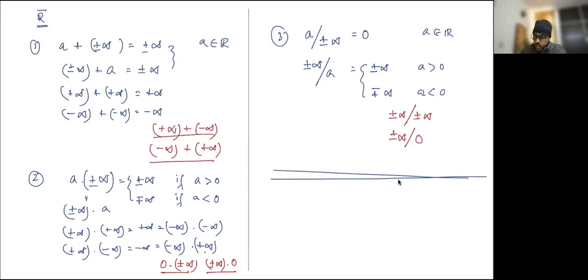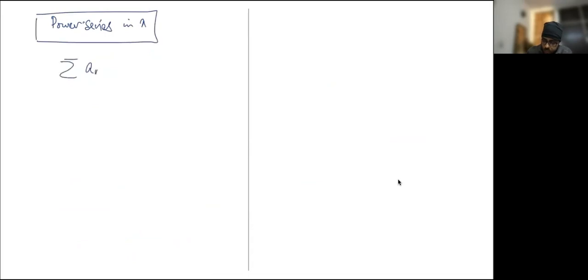Okay. So now let me get back to series. We are discussing series. The last thing we talked about was power series in x, which means you look at a series of this special form where the nth term is some real number times this particular number to the power n.